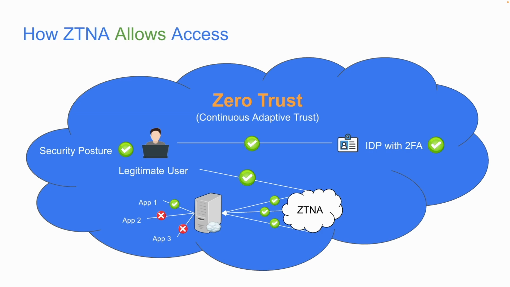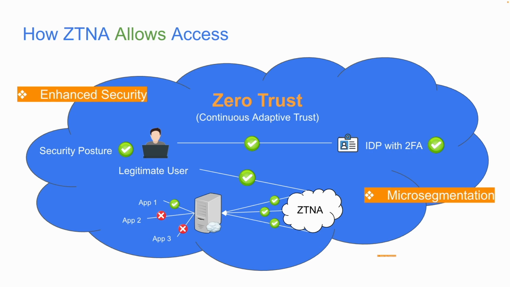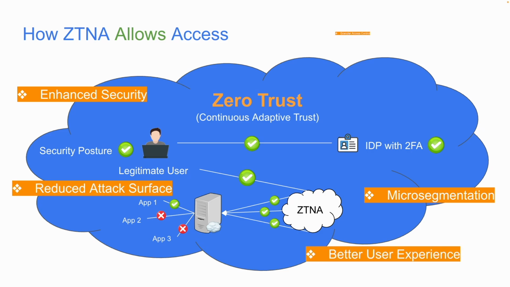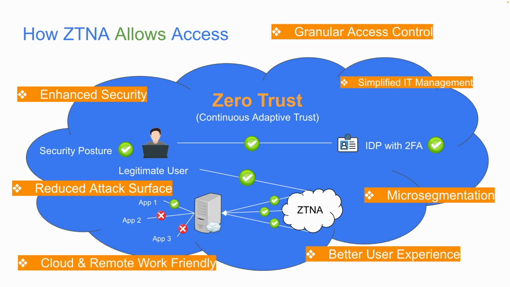In this example, as you can see, all the security controls were applied and the user was granted access to only a specific application, reducing the attack surface. This explains the advantages of implementing ZTNA, which are vast, such as enhanced security, micro-segmentation, better user experience, reduced attack surface, granular access control, cloud and remote work friendly, simplifies IT management, and many more.